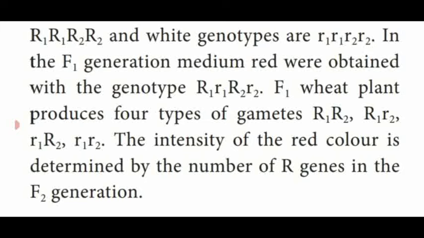Why is it determining? Because it contains the dominant allele. So a hybrid or a gamete which possesses capital R means that the color of the wheat is red, due to the R gene present in the hybrid or gametes.